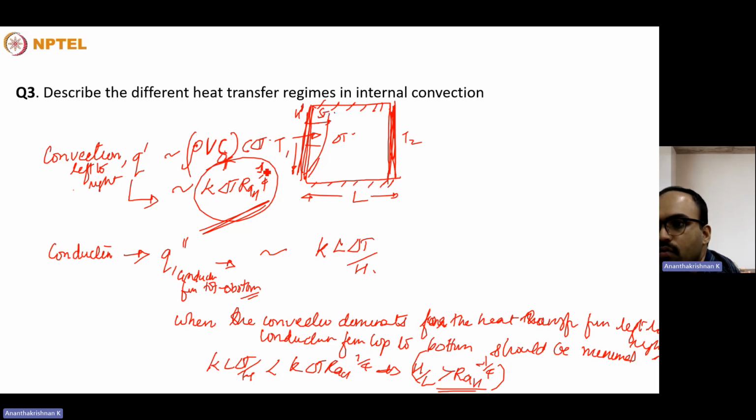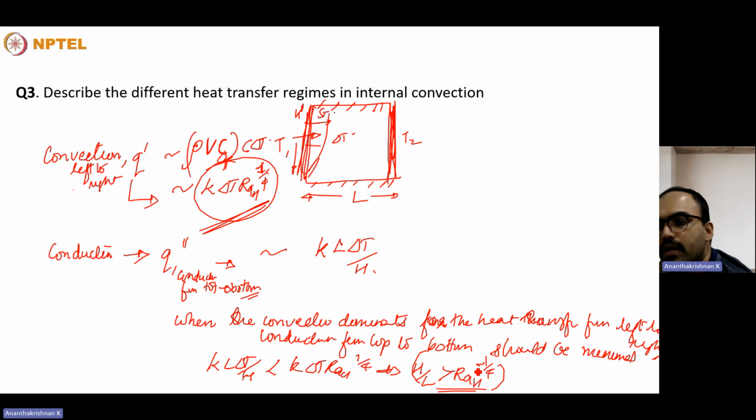we had to go from the basics, where we denoted the heat transfer from the top to bottom, and we tried to scale it down in terms of conduction. If the heat transfer has to happen from the left to right, the conduction part in the vertical direction should be very minimal. Based on that, what we have attained is that h by l should be greater than Rayleigh number raised to minus 1/4.